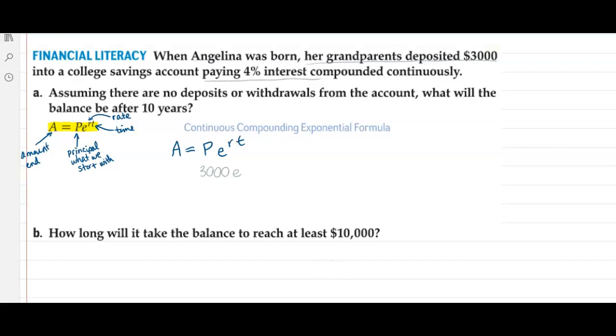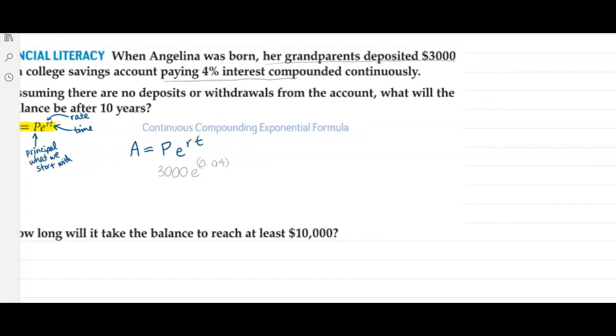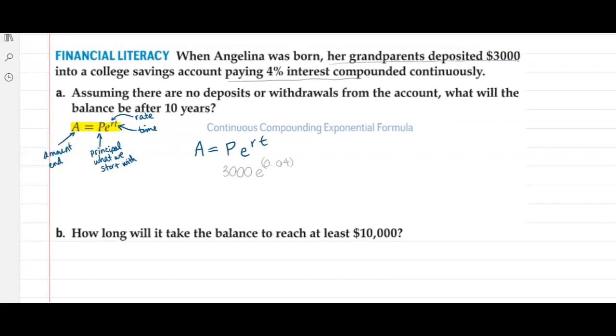Paying 4% interest. As a decimal, that would be 0.04. Compounded continuously, that's where we get the E from. Assuming there are no deposits or withdrawals from the account, what will be the balance after 10 years? So we'll put a 10 in for T.